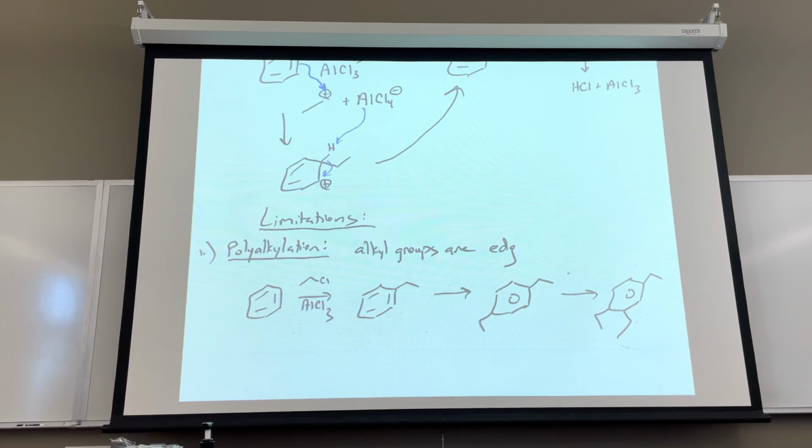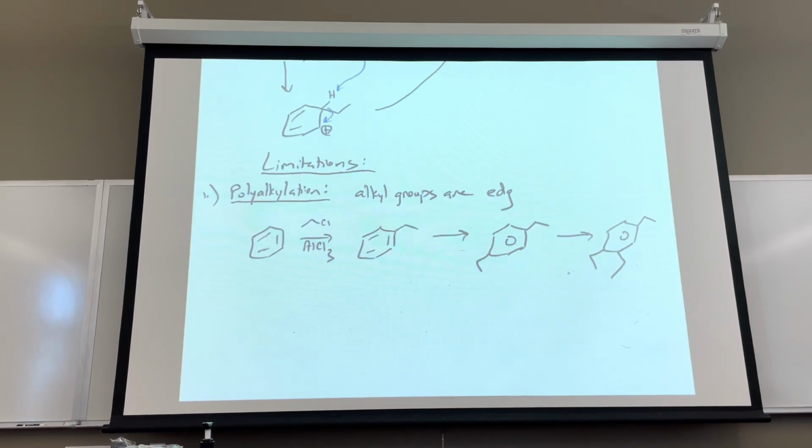Well, what's more reactive? So you see where we're going with this? It's kind of like a chain reaction, where each product that you make is more reactive than its predecessor. And that leads to a mess, is what it leads to. Just a whole bunch of different alkylated products.